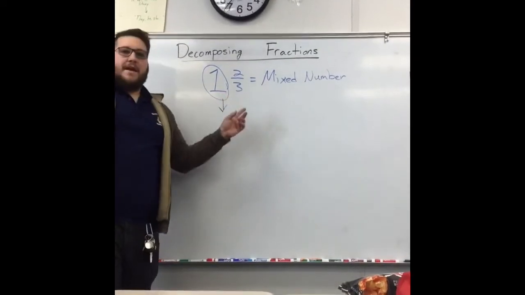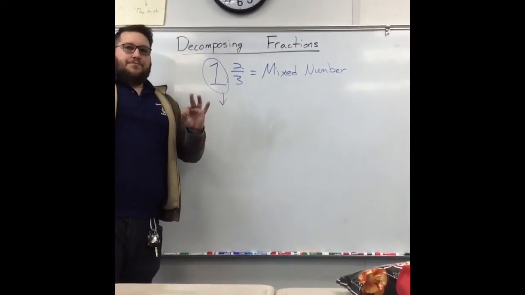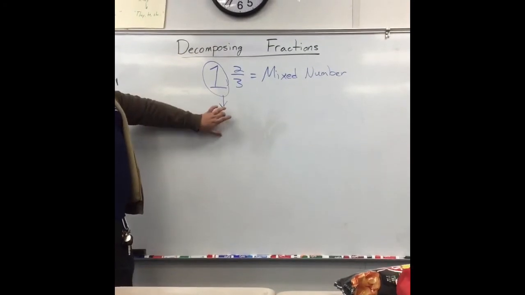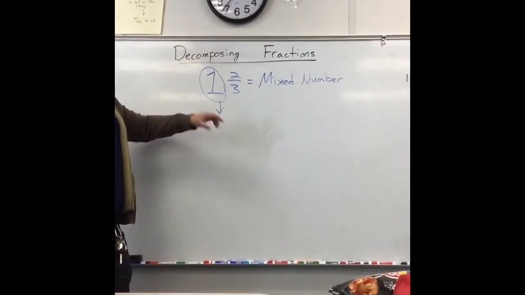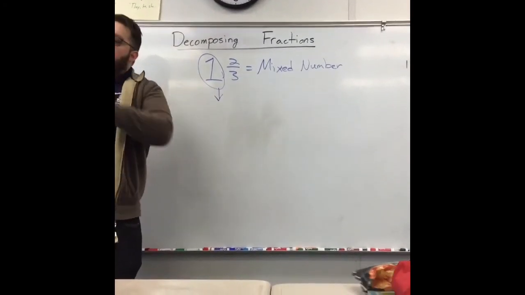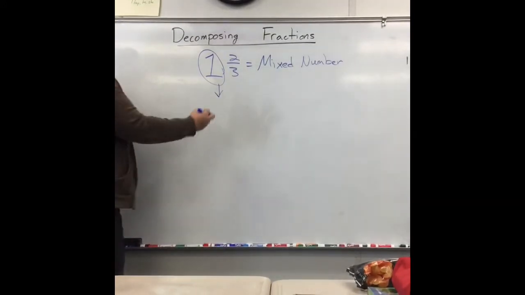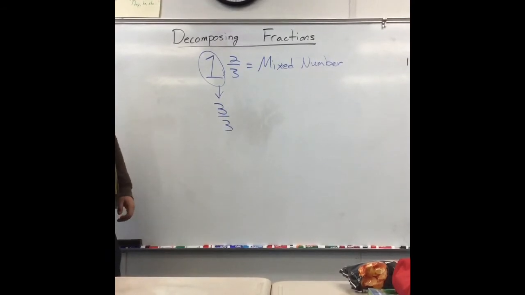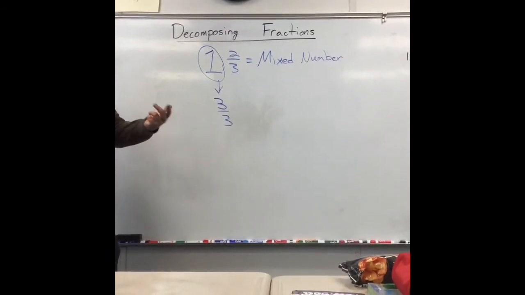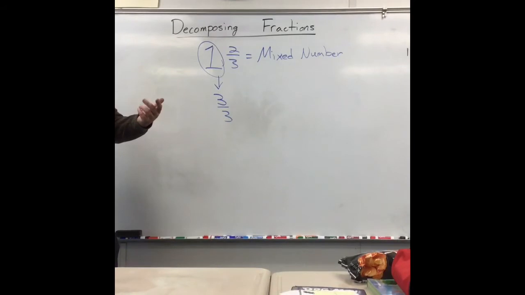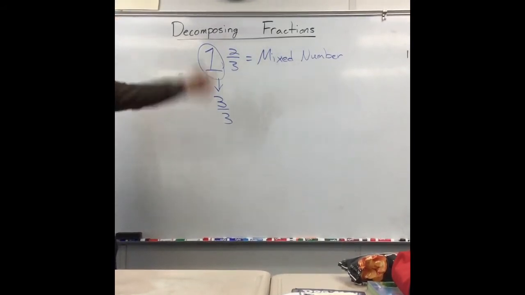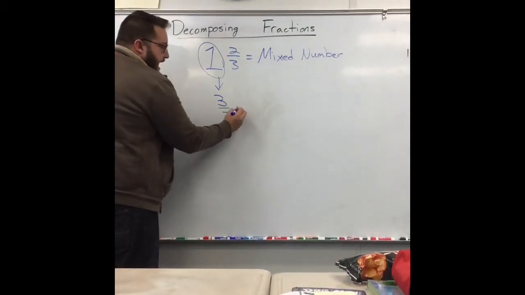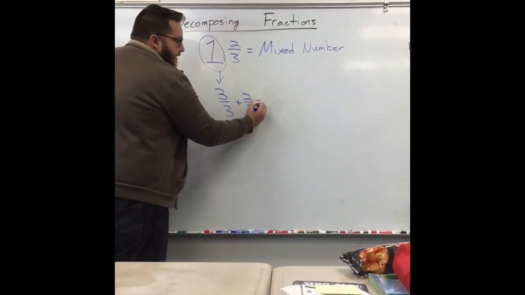If my denominator is 3, how do I make that look like a one whole fraction? Tucker? 3/3. So that turns into 3/3 and we're all done, right? No. What did I forget? The 2/3. Got to remember to add the 2/3. And that gives me 5/3.